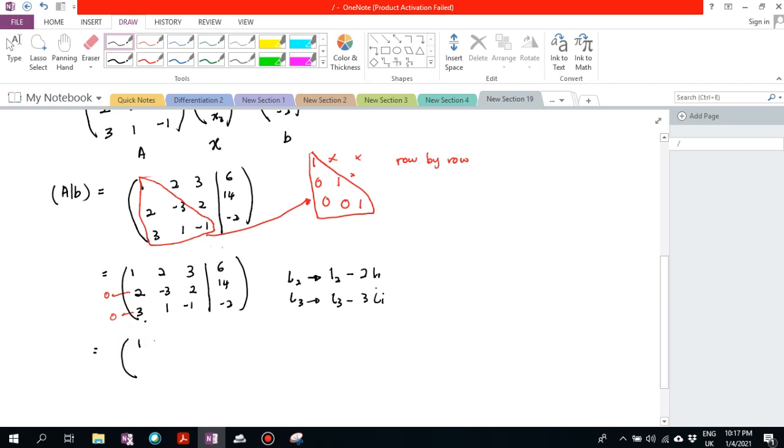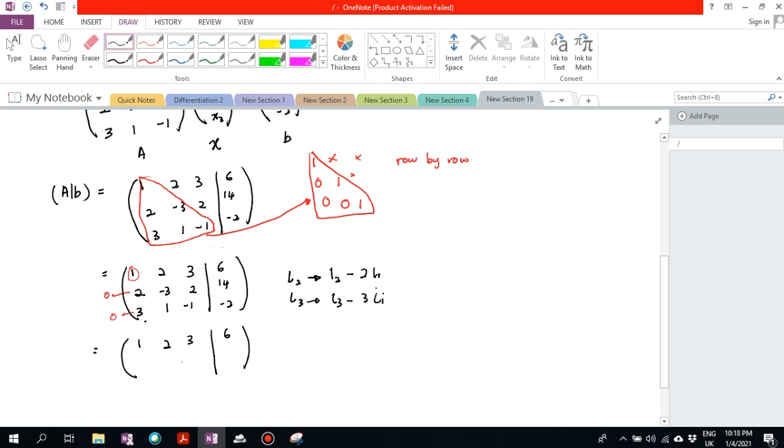We don't change the first one because it's already 1 here. So it remains 1, 2 and 3, and 6.